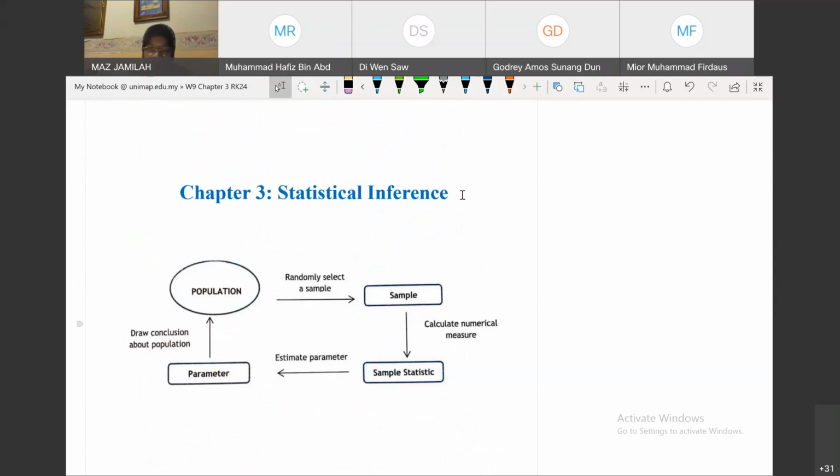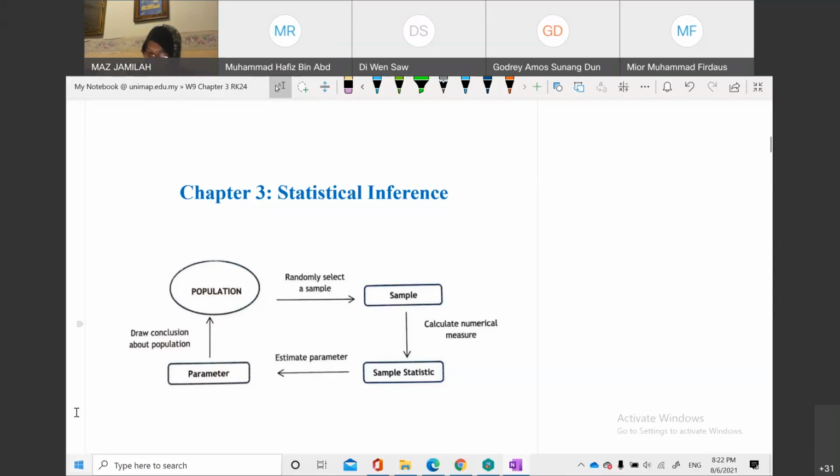For this chapter 3, I'm going to skip some paragraphs. The ones that I skip, I wish everyone can read on your own and try to understand how they contribute to your understanding of chapter 3. Now, in simple way, what is statistical inference?